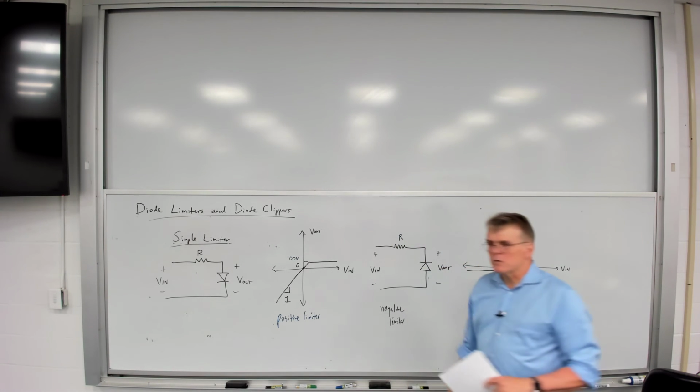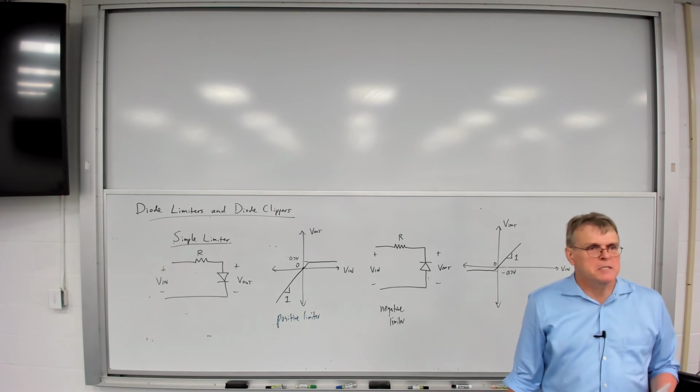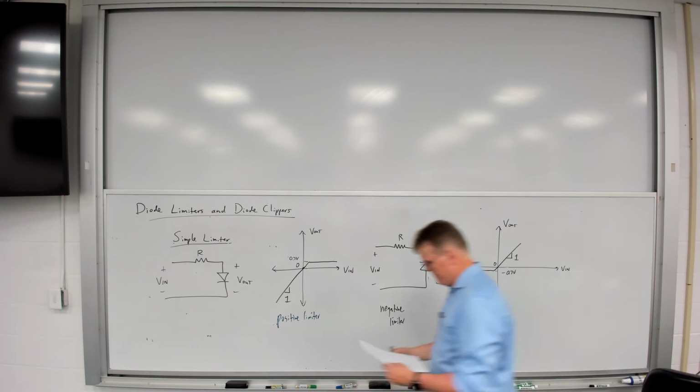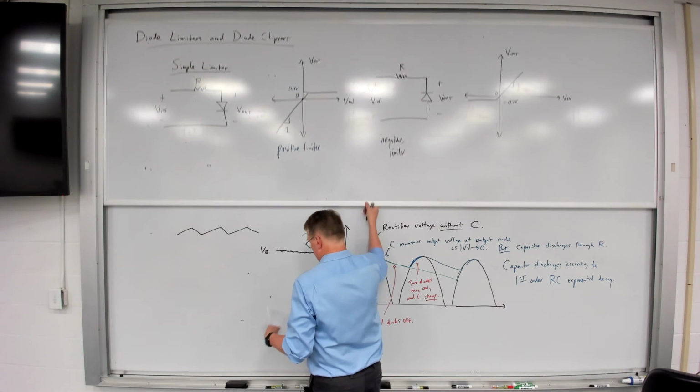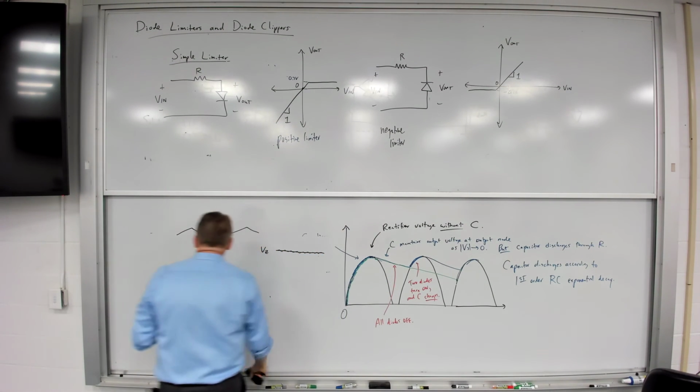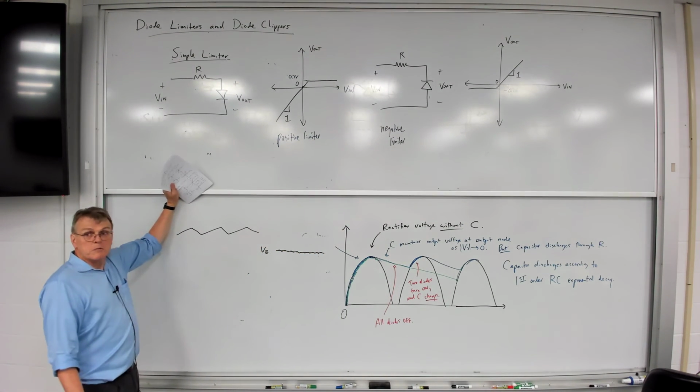These are simple limiter circuits, but we can be more sophisticated than this. Let's draw some other limiters. Let's draw a limiter circuit that's based on some Zener diodes.